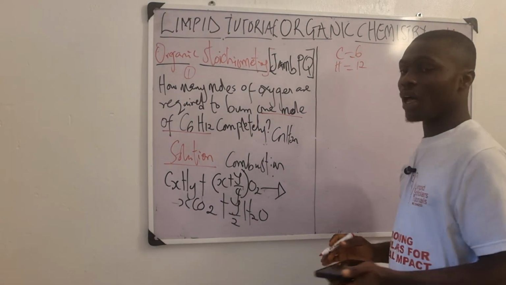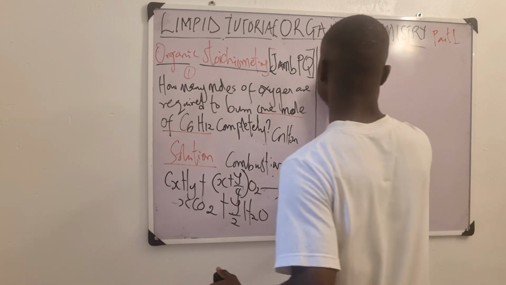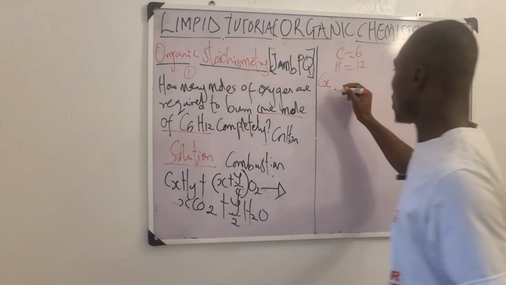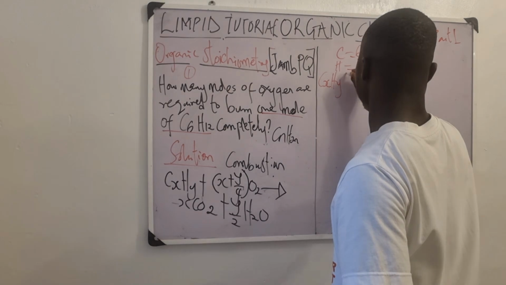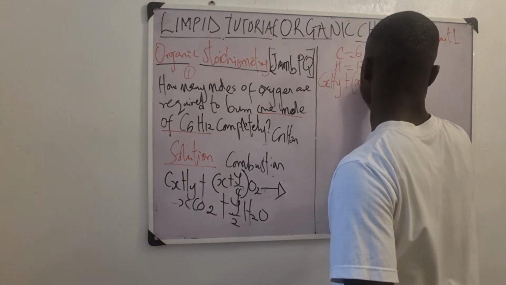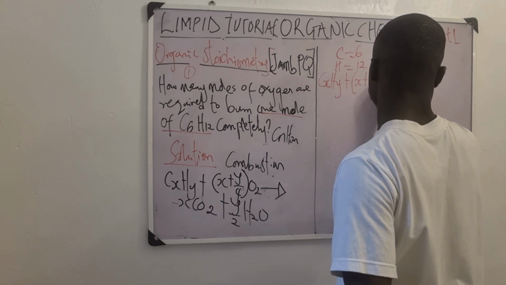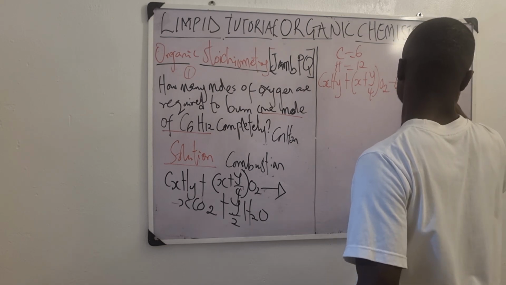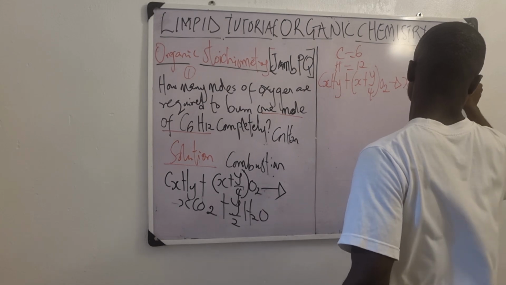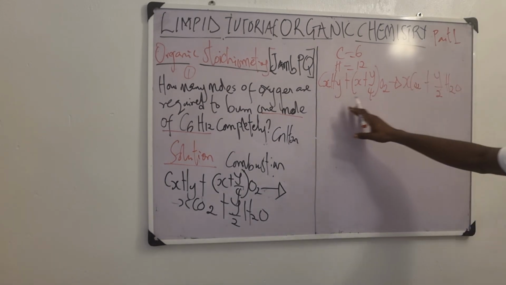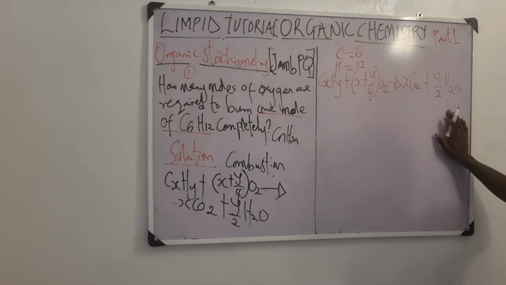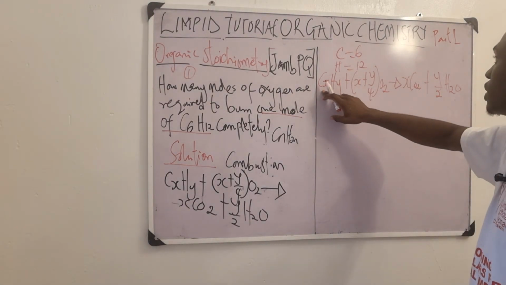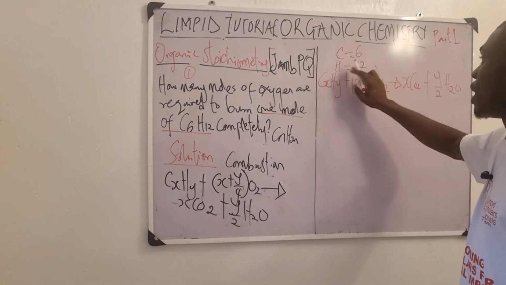Now let's write the formula effectively here: CxHy plus open bracket x plus y over 4 bracket close O2 gives xCO2 plus y over 2 H2O. This is the combustion formula. I hope you guys are following. Then let's input the value of C where we see x, and H where we see y.